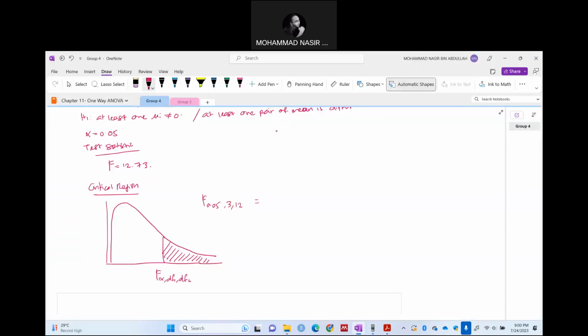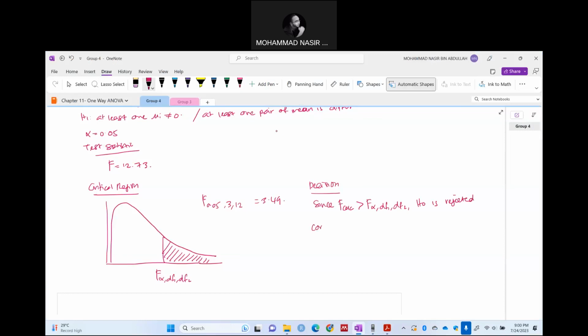So this is 3.49. So our decision: reject, since F calculated is more than F alpha, degree of freedom 1, degree of freedom 2, the null hypothesis is rejected.